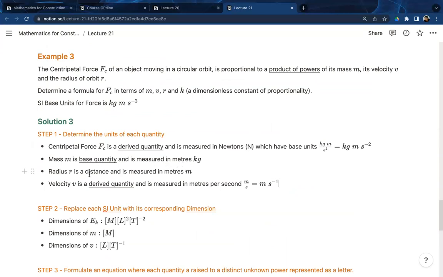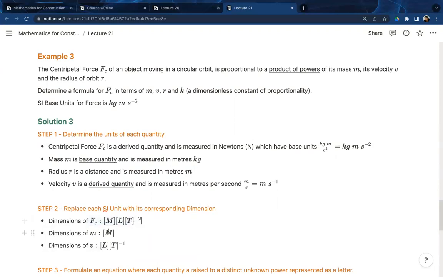Mass is kilogram. Radius is meters. Velocity is meter per second. So here, F is kilogram, which is M, meters, L, and s to the minus 2 is T to the minus 2.